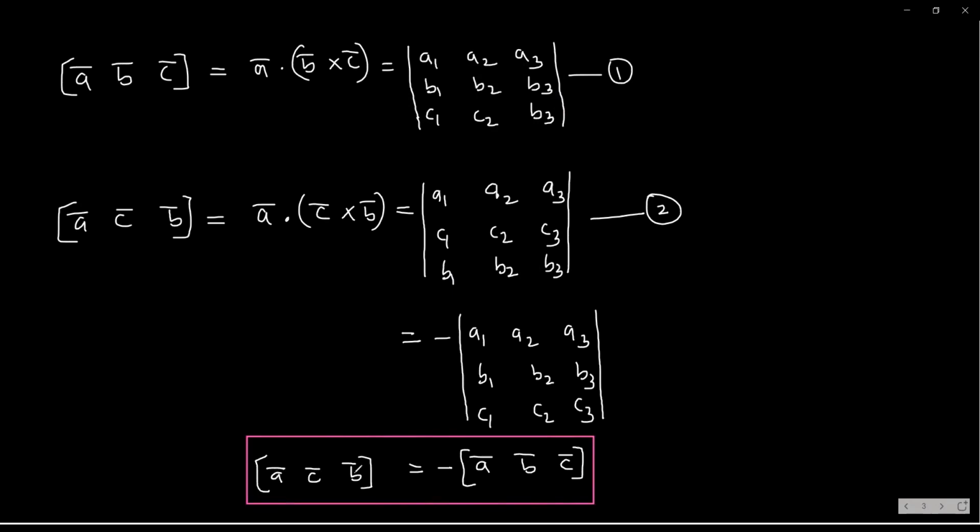See, A bar, C bar, B bar, you interchange these two vectors and make it A bar, B bar, C bar. So what you got? You got negative. Whenever there is an interchange of two vectors, the box product will change the sign.